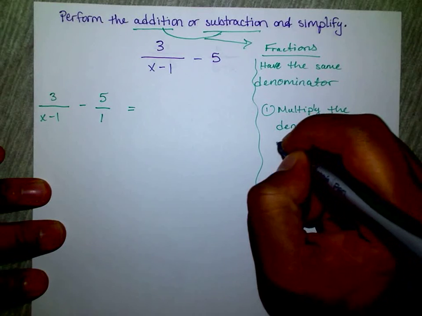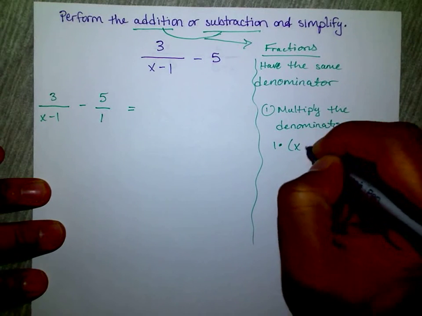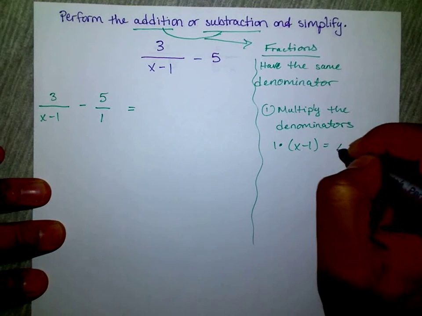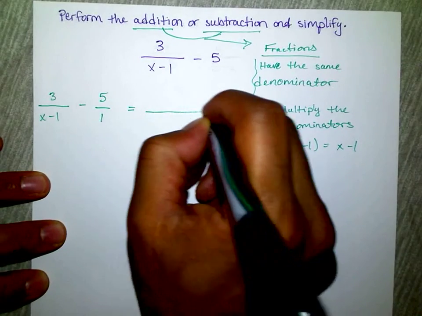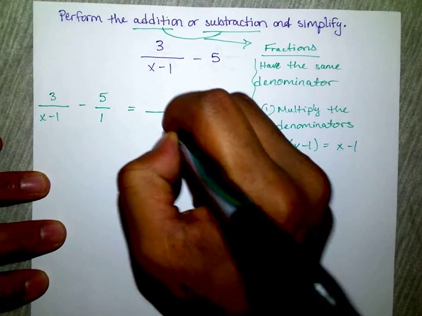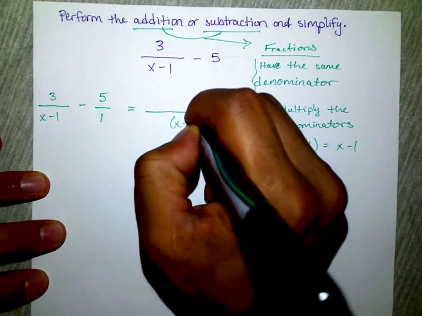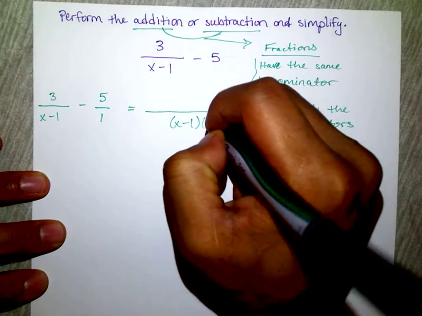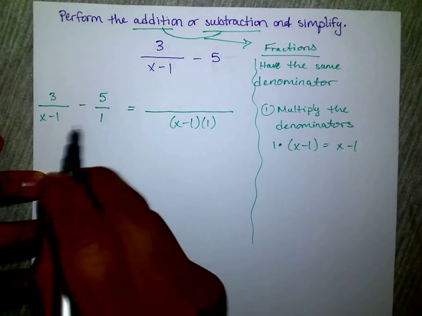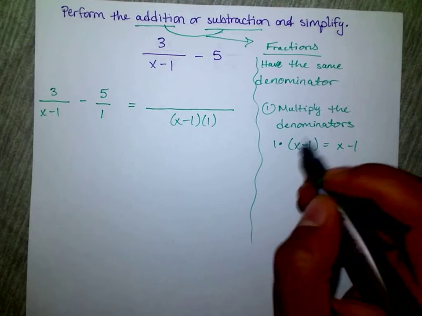We have 1 times x minus 1, which equals x minus 1. So the bottom is simply just going to be x minus 1. And we'll even show that we multiplied our denominators.